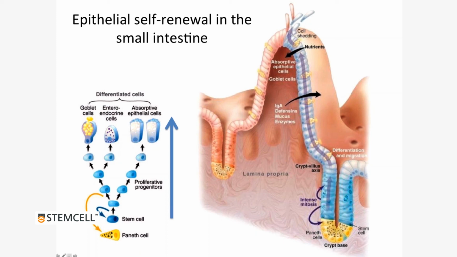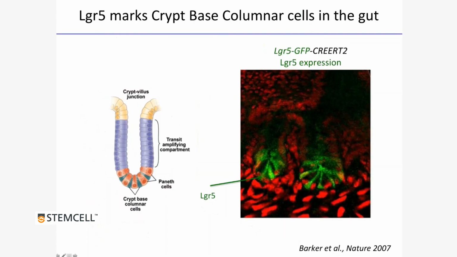And once they reach the crypt-villus axis, they will start differentiating into the cell types, the enterocytes and goblet cells, which are the cells present in the intestinal tract and are responsible for the function of the intestine. So when Nick Barker was studying the Wnt signaling pathway in the intestine, he identified this marker, which is a Wnt target gene, LGR5.